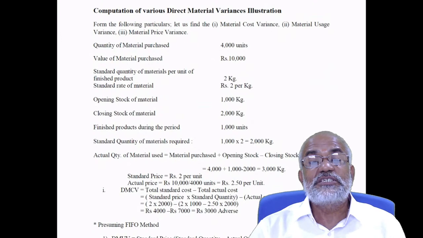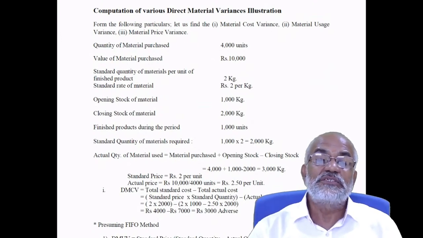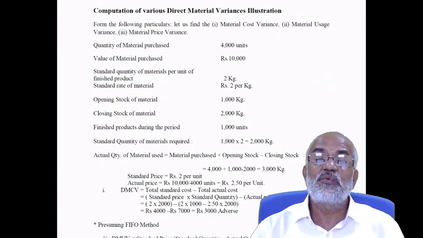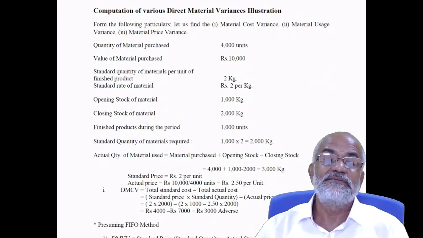So the direct material cost variance would be the total standard cost minus the total actual cost. Total standard cost is the standard price into the standard quantity, and the total actual cost is the actual price into the actual quantity.